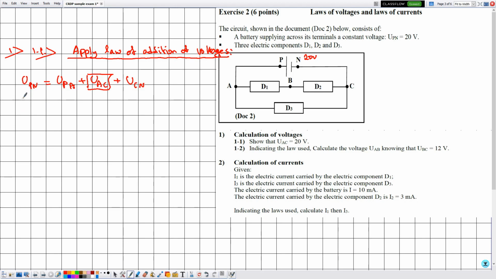Now the voltage UPN is 20. UPA is equal to 0, and the reason is that it is a connecting wire. We keep UAC as a variable because we are interested in determining it, plus UCN. Across C and N we have a connecting wire, so UCN is equal to 0, and the reason is also the connecting wire.